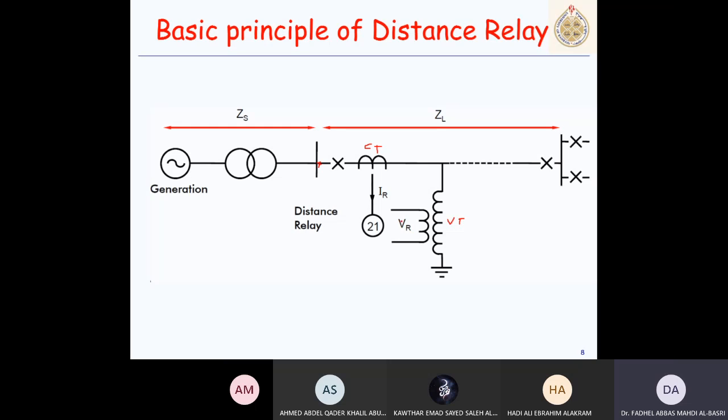By Ohm's law, if we divide the voltage by the current, it gives me the measured impedance. I would compare this impedance with the line impedance. This represents the source impedance, which is all impedances behind the relay, and this is called the protected line impedance. This relay is intended to protect this line, so this is my zone of protection.